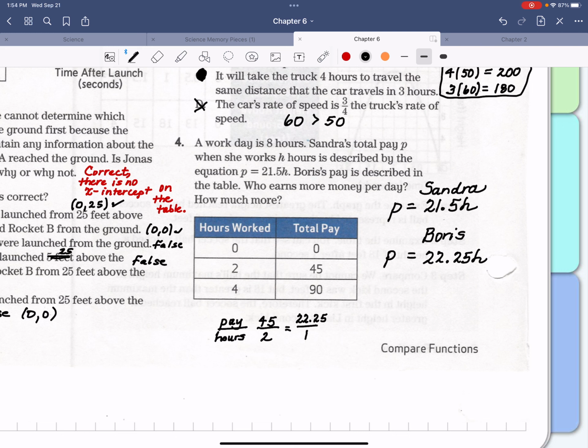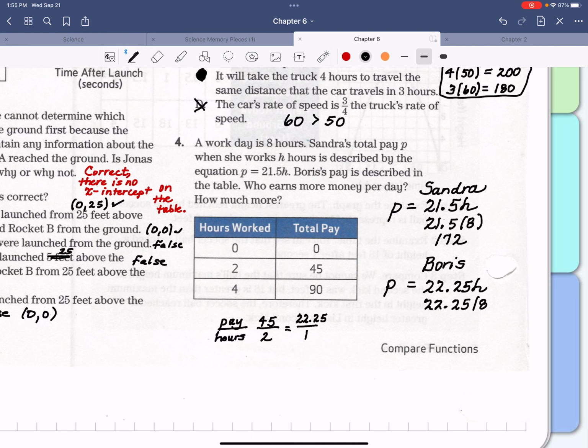And they're asking us who earns more per day. So for Sandra, you could do it a couple of ways. I'm going to go ahead and calculate the whole day. So 21.5 times 8. They told us the 8-hour workday is 172. And then Boris for the same 8 hours.